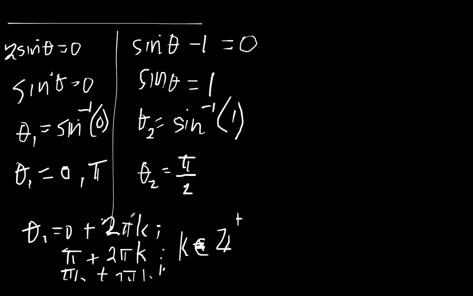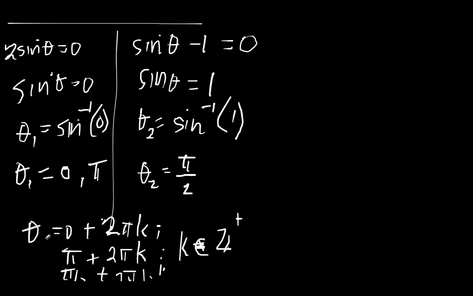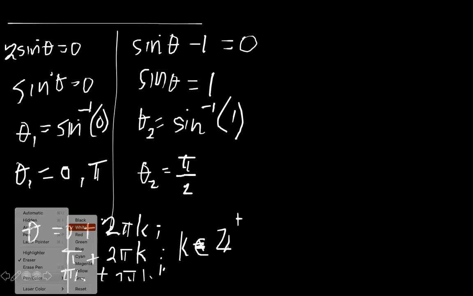So here, once we add 2 pi k to these three values of theta, 0, pi, and pi over 2, it will give us values of theta which are more than 2 pi. So wala na siya. Okay? Tanggalin natin to because we're now talking about the general form of our final answer.